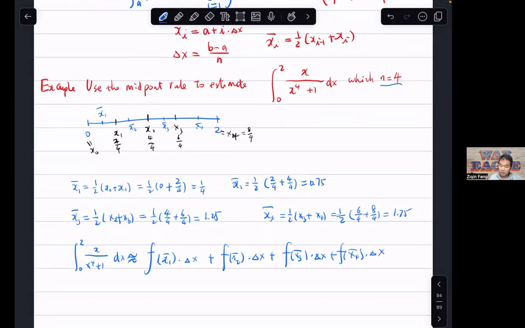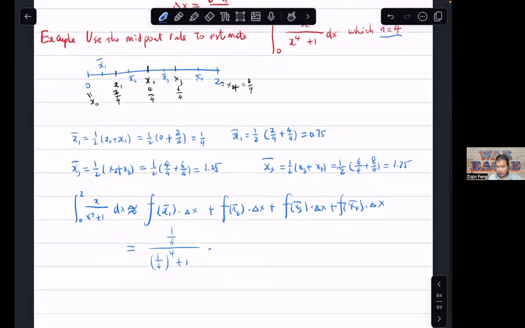We know the function, and delta x is (2 minus 0) over 4, which is 1/2.